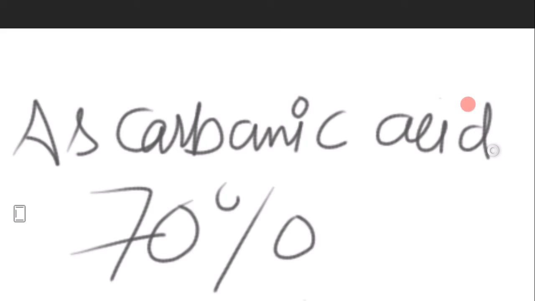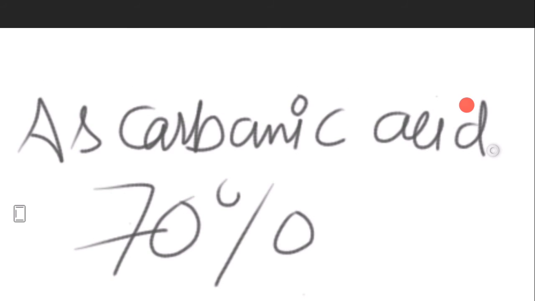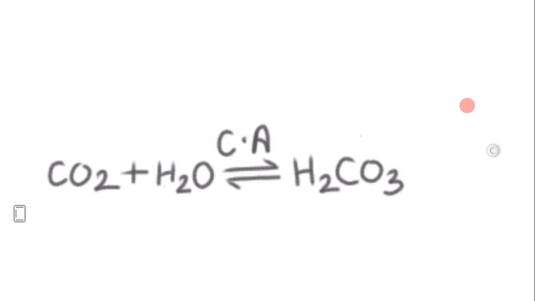Let me explain what actually happens. The dissolved carbon dioxide in the blood reacts with water and forms carbonic acid, and it is transported in the blood in the form of carbonic acid to the lungs.